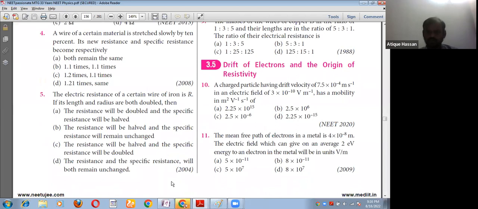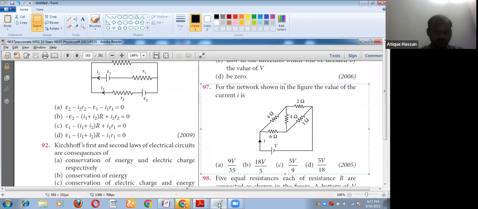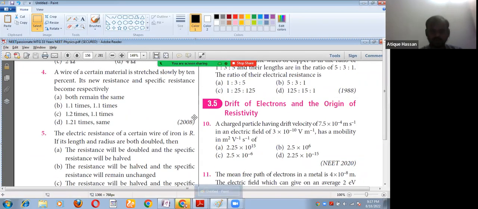This is based on mobilities. Solve question number 10. If you solve question number 10, this is basically based on mobility and drift velocity. So try to solve it. Question number 10, a NEET 2020 question.